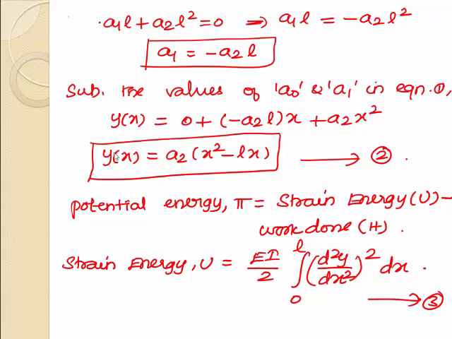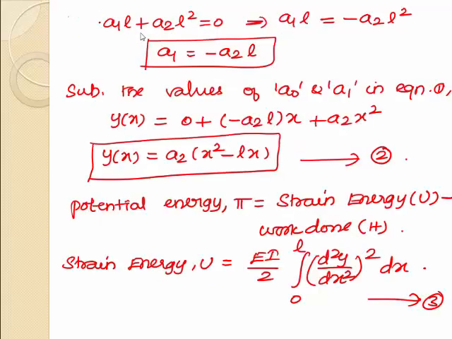So now we have to raise this equation 2 to the order of 2 to substitute for d square y by dx square. To apply the values in equation 3, we have to differentiate equation 2 with respect to x twice.